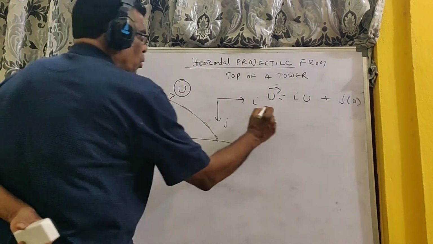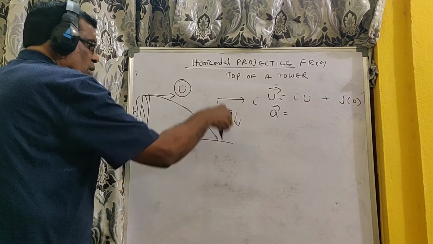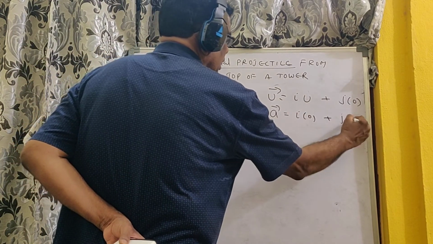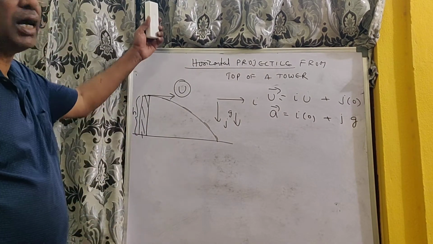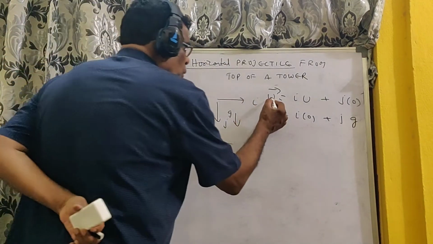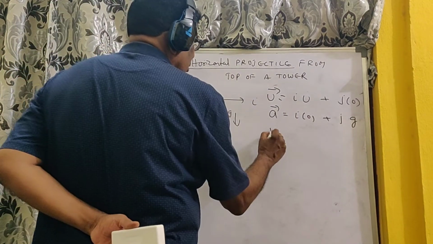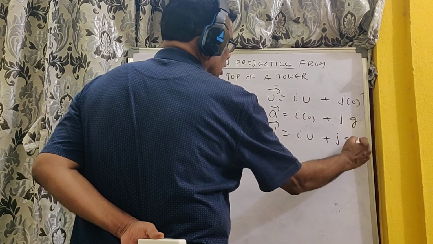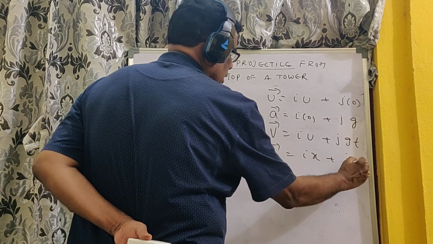Okay? Now, what about a? g is how it's directed? Downward. j downward. Along i, 0. So a is plus jg. Previous cases I took j upwards, therefore I got it as minus jg. As you know, once you write u and a, all other terms can be written. v bar, s bar, ix plus jy.